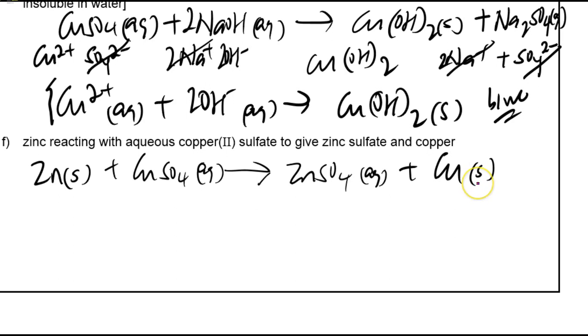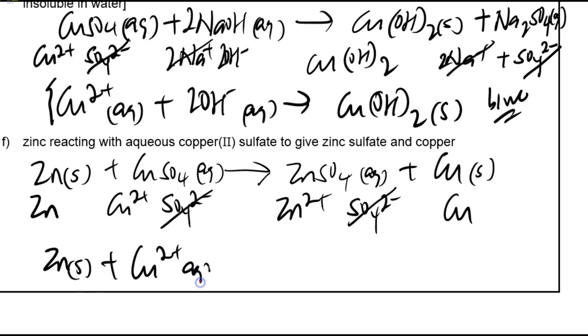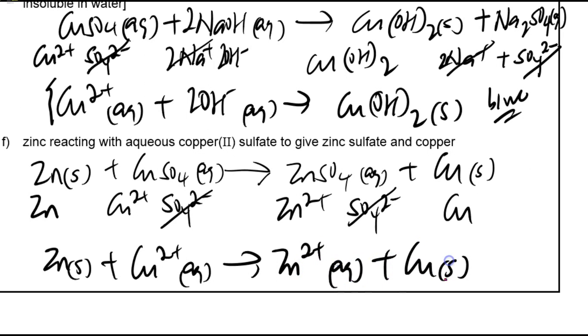From the solubility table, you know that zinc sulfate is soluble in water. So we have this. Now we split into ions again, and we cancel like ions on both sides. And we get zinc solid plus Cu2 plus aqueous, giving me Zn2 plus aqueous and copper solid.